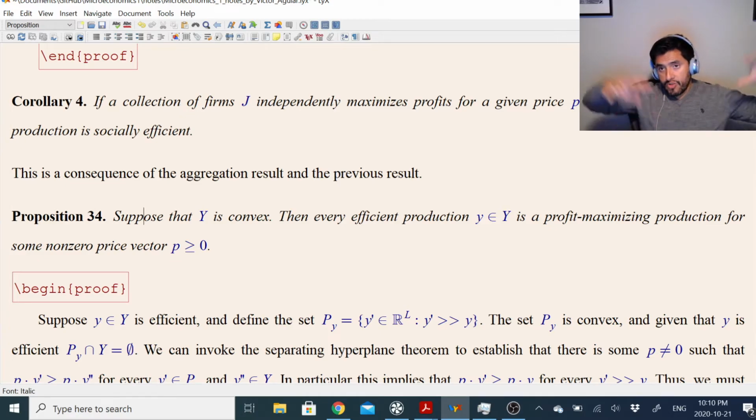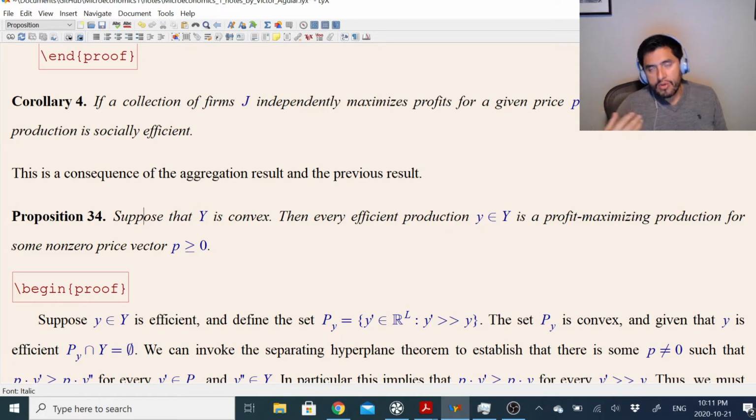You have a production set that is the aggregate production set, and I don't want to nationalize production. I want to let firms do their own thing because I don't want to put bureaucracy here. So I'm going to let each firm individually maximize profits, but still deliver this efficient outcome at the social level.